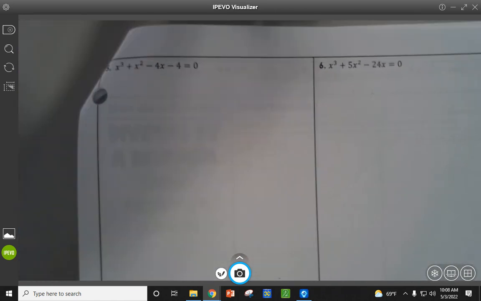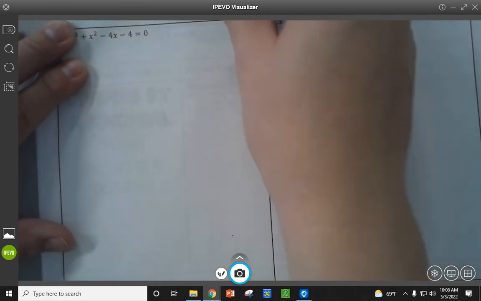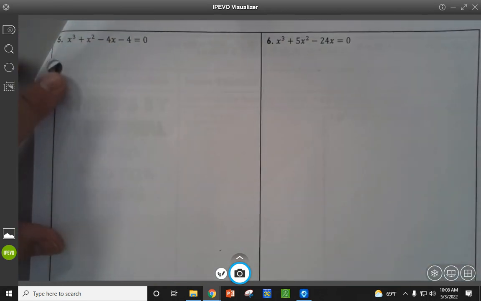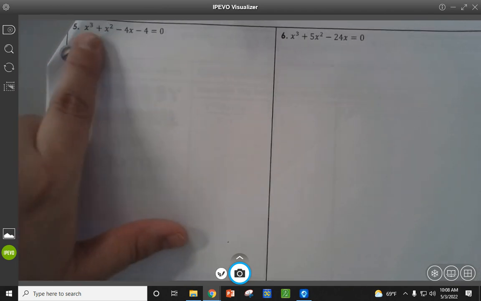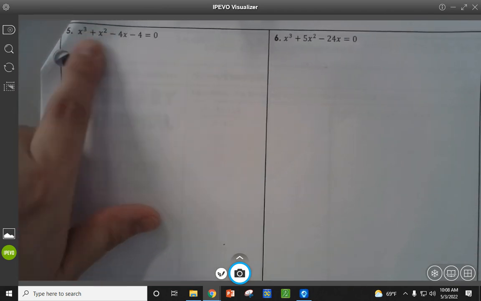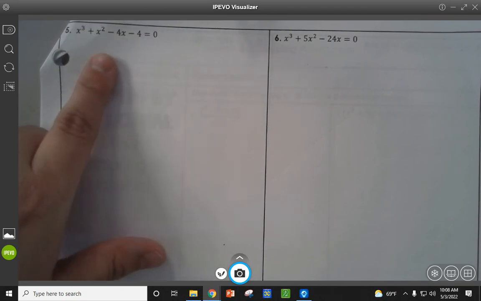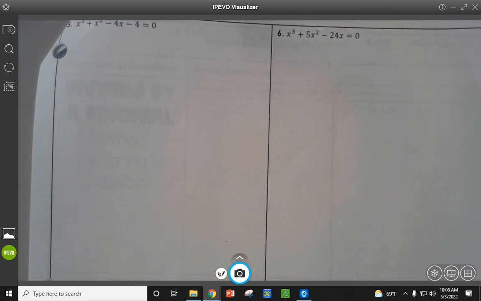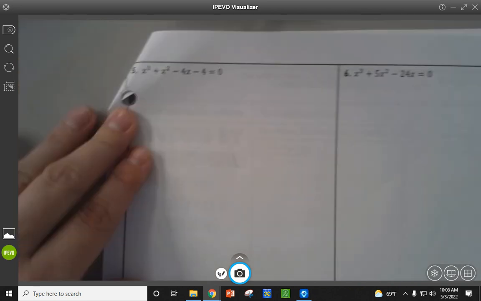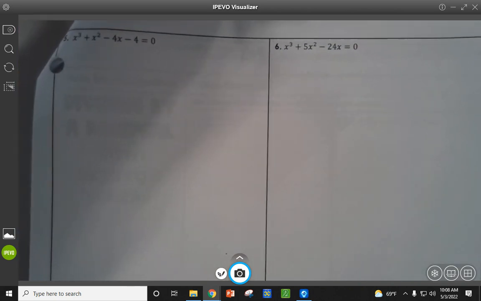Number 5. Is there a GCF? No. There's nothing that all 4 of them have in common. But once we do the 2 groups, because this is 4 terms, this is a grouping problem, then we'll have some GCFs.